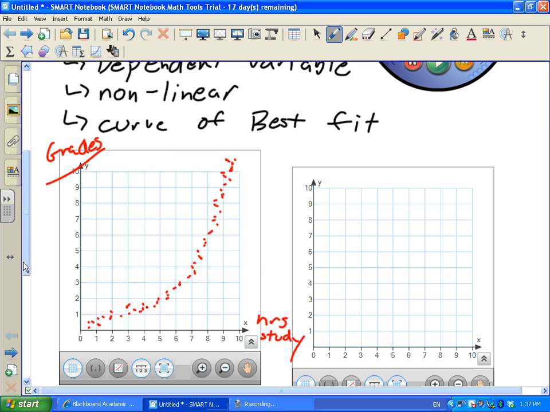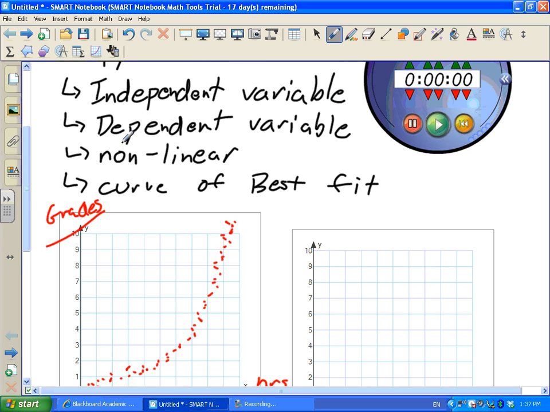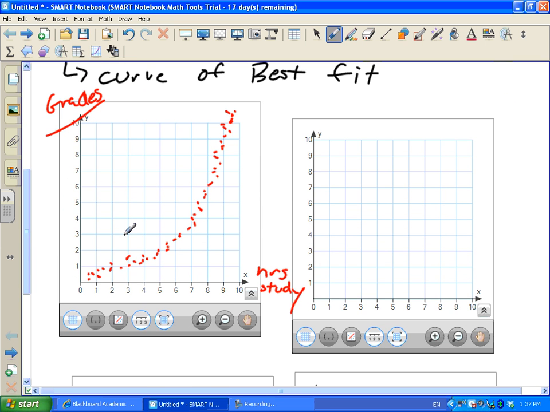Okay? So first we're going to talk about an independent variable and a dependent variable. Before I even tell you what independent and dependent are, which of these two do you think would be considered an independent variable, and which one would be the dependent variable? Anthony? Grades are independent? Why would you say that?